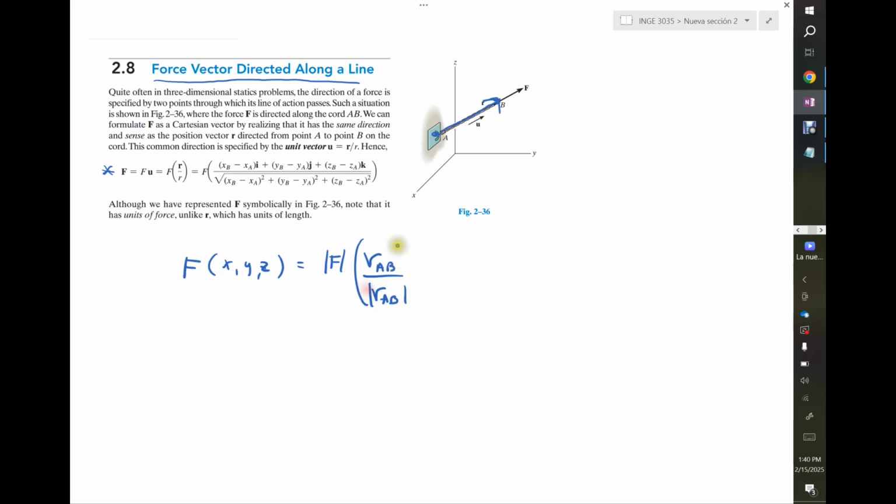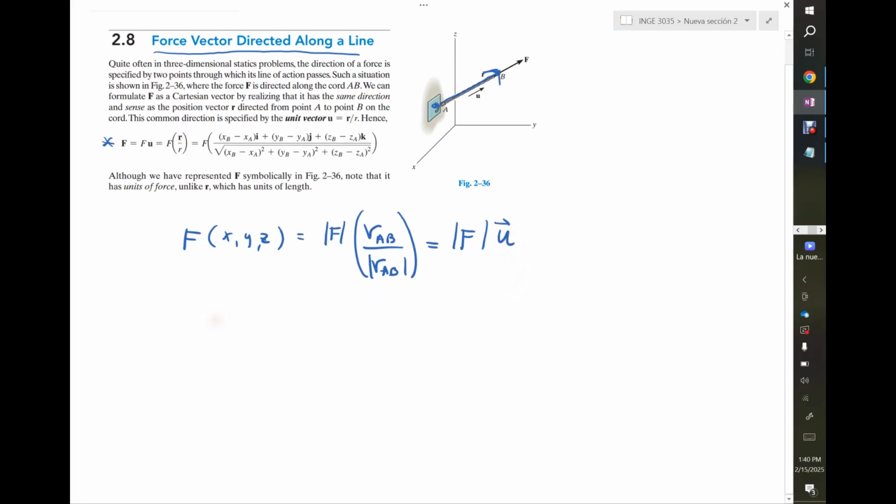All this is called the unit vector, so I can simplify by saying just F, the magnitude of F, multiplied by the unit vector called U. U in this case will be a vector as well. If we do that, then we can break any vector like this one that is not coming from the Cartesian axis and put it in terms of that.